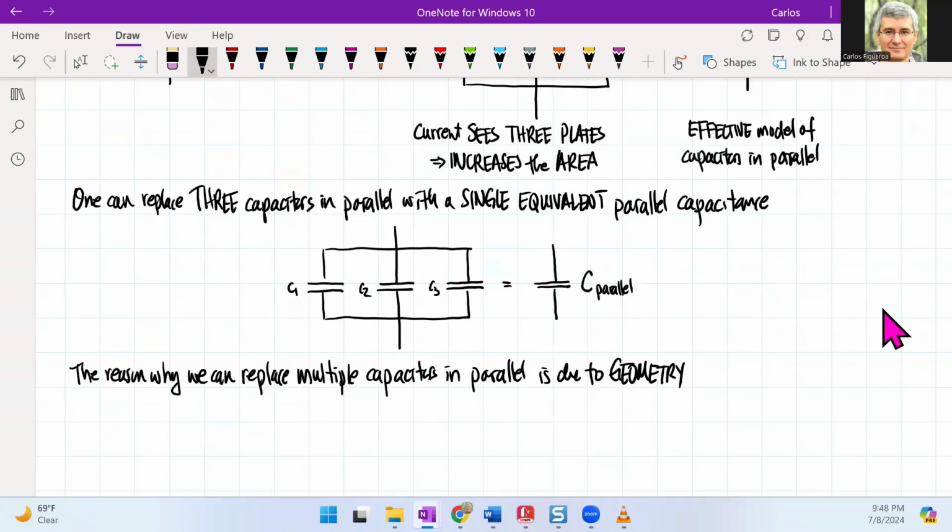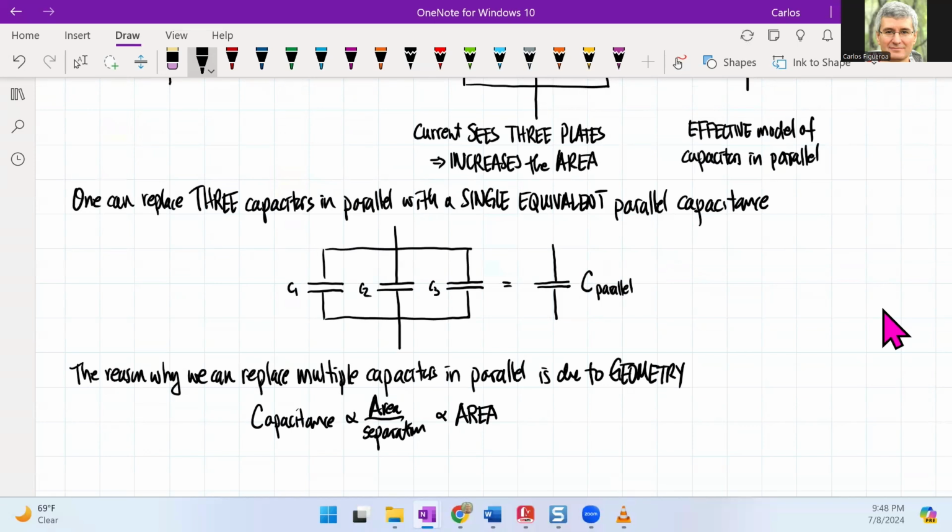And here we see that capacitance, which is proportional to area over plate separation, is directly proportional to area.